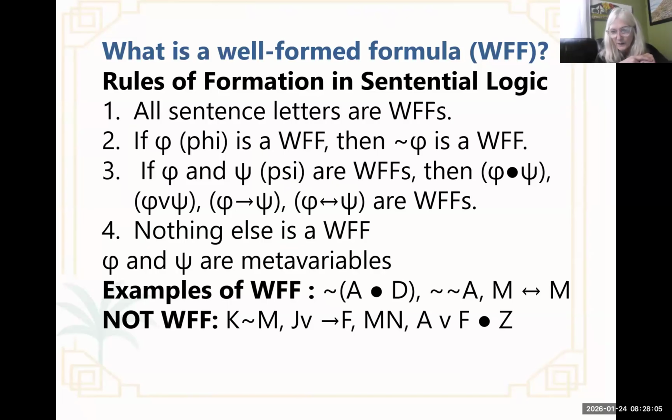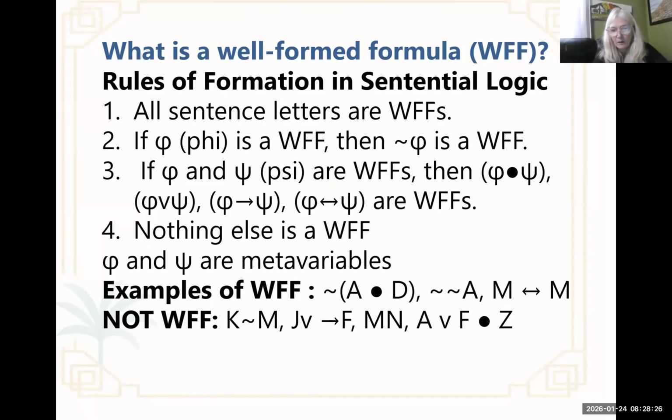All sentence letters by themselves are well-formed formulas. So rule one, if I have an A or a B or a C or a D by itself, that's a well-formed formula. And if phi is a well-formed formula, then negation phi is a well-formed formula. So I've introduced the potentiality of using negation in the system.